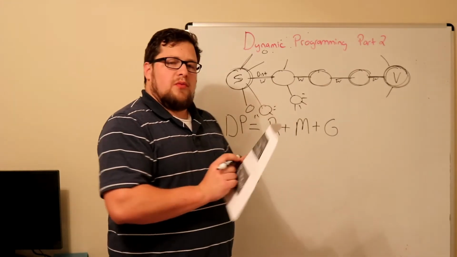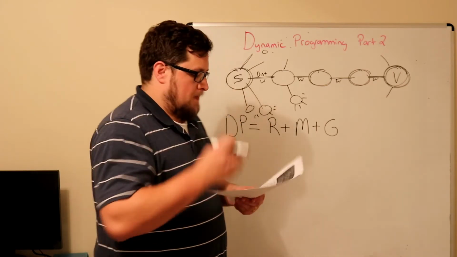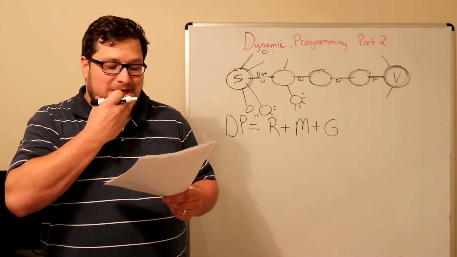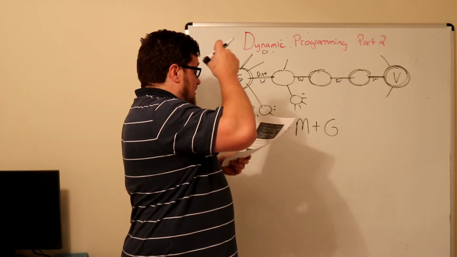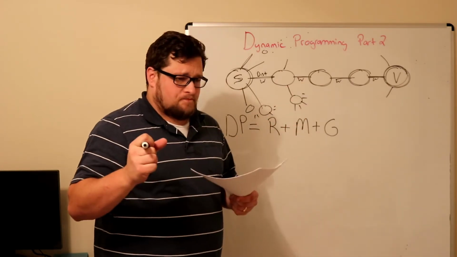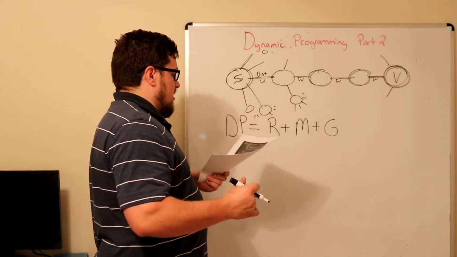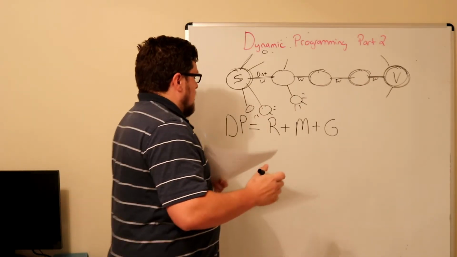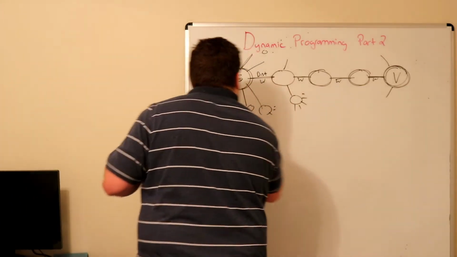Alright, so what can we do with memoization, right? We can make it better with memoization. And how do we do that? The first thing that we want to do is, let's think about it from this scenario. If we've calculated a path already, for example, let me erase some of this, make sure we can read that.